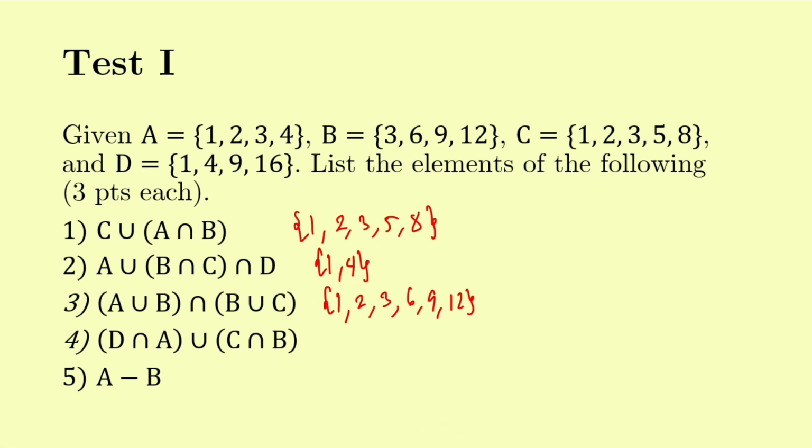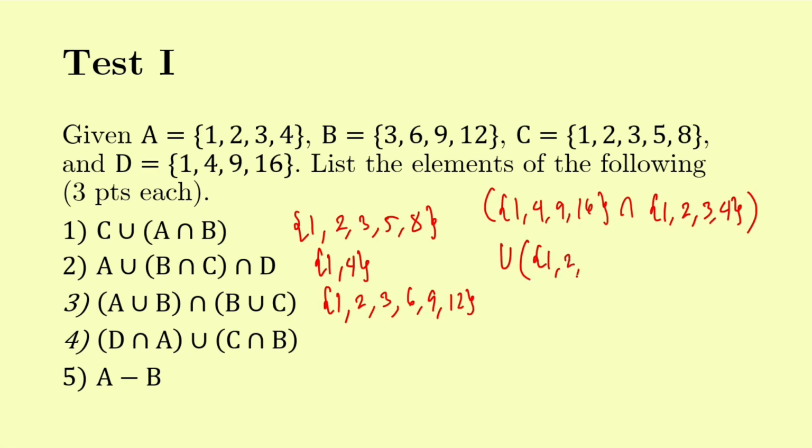Okay, next one. D intersection A union C intersection B. So our first set is 1, 4, 9, 16. Set D intersection set A, which has 1, 2, 3, 4. Union with C intersection B. That means 1, 2, 3, 5, 8.